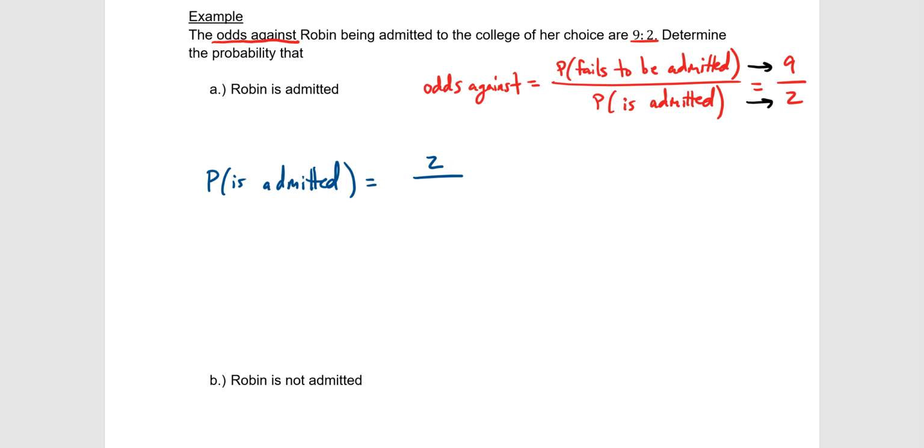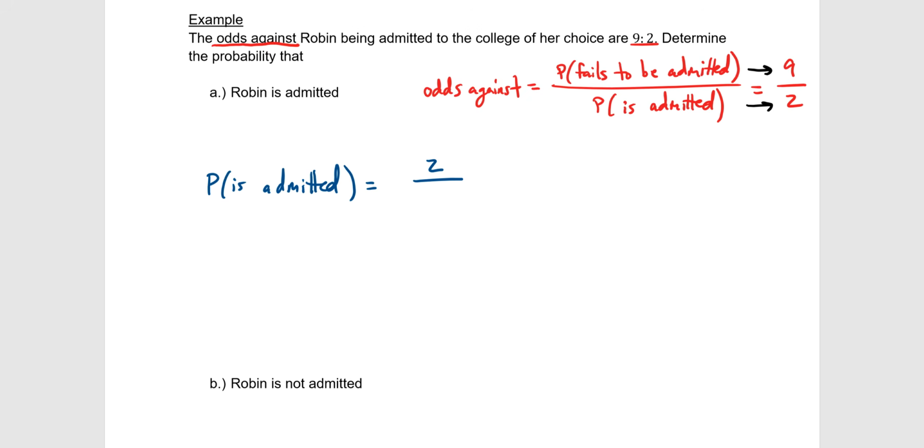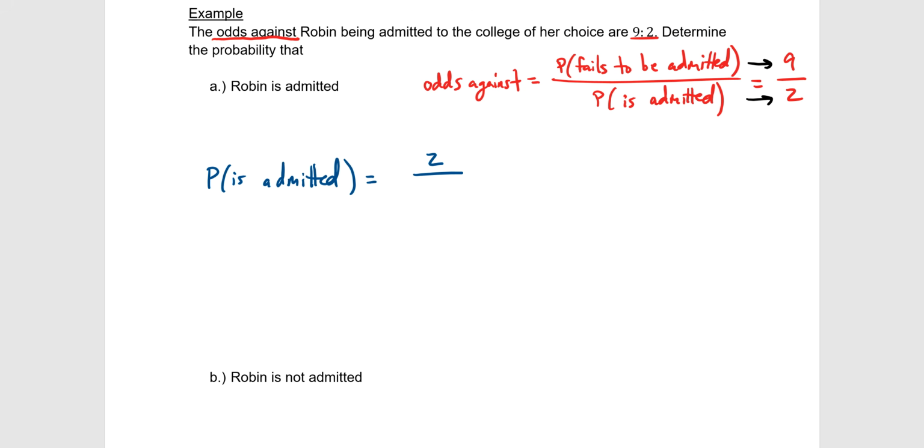That something is what was mentioned up here in the instructions. You have to add these numbers together to get the denominator for both of these probabilities, and we get 11. So this is going to be 2 over 11.